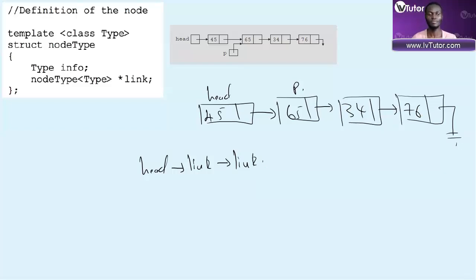So if I do something like head->link->link and then say info, let's say it's a cout, what is this going to print? Head, which is this node, link, which is this node, link, which is this node, info, we would print 34. So these are the basics of understanding how nodes work.